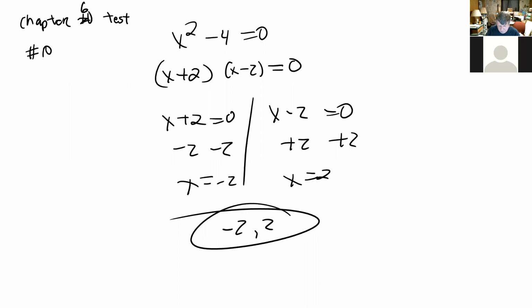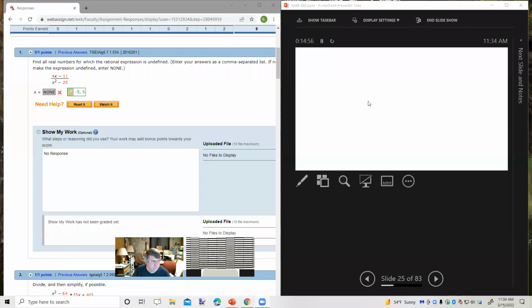I'm going off the ones that I got wrong just to make sure that I'm getting them right. So number 1, I ended up getting 5 because I totally biffed that one, but it's 5 and -5. Okay. This is the chapter 7 test. Number 1, find all real numbers for which the rational expression is undefined.